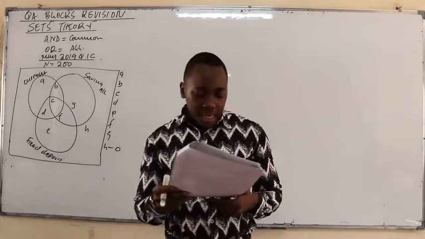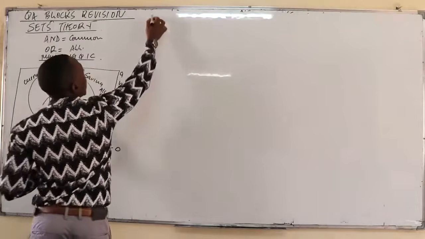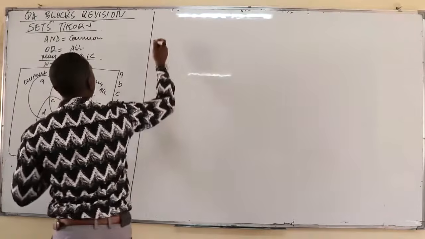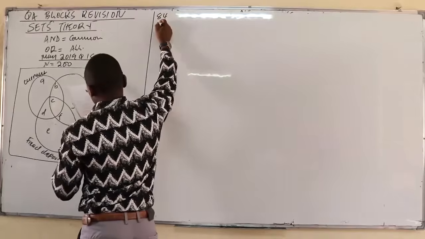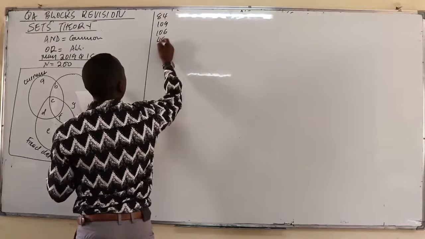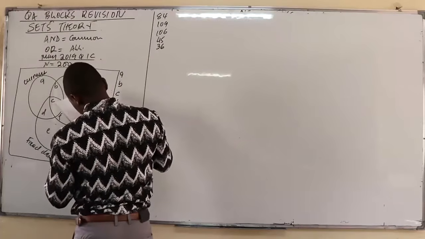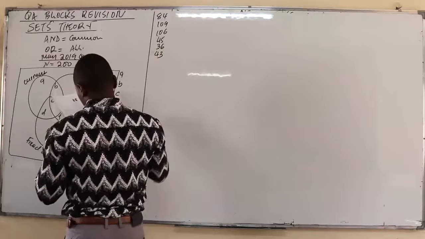Information obtained from the bank indicates the following. We have 84, 109, 106, 45, 36, and 43.